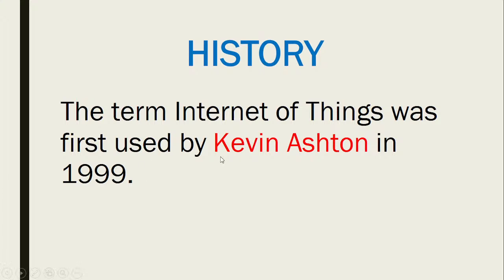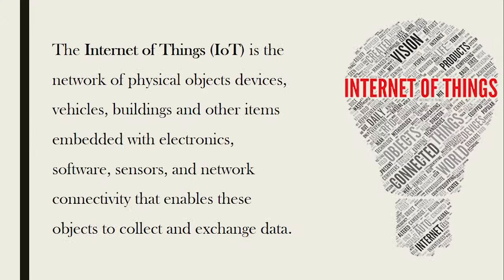Then the person who coined the term, Kevin Ashton. Kevin Ashton is the person who proposed the term Internet of Things. He was a computer scientist at that time. So this is a brief definition of Internet of Things.